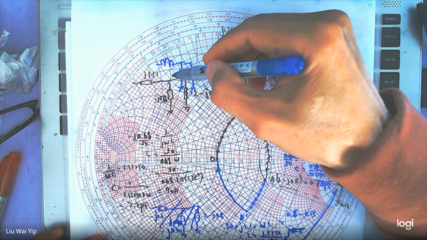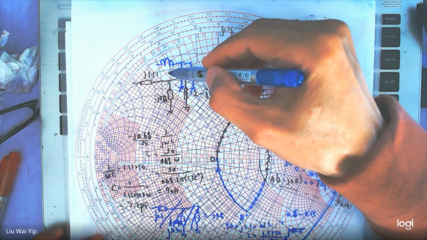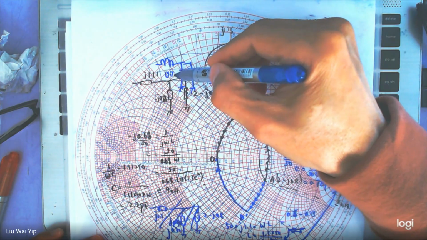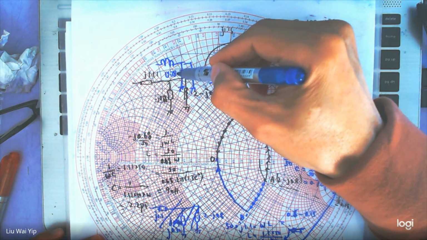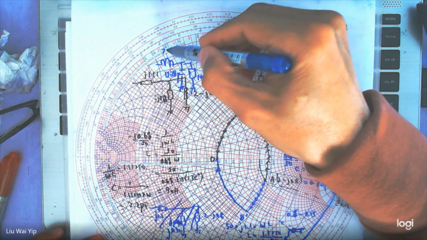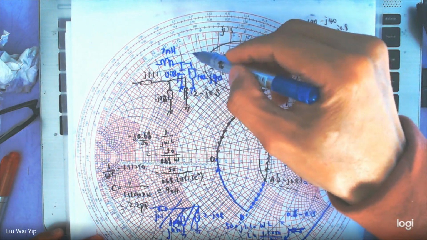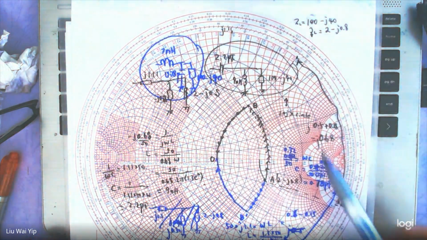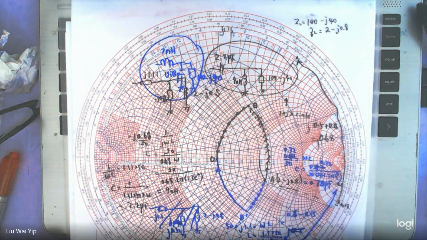So here is 0.78 pico, and here will be 7 nanohenry. So this is another solution. Altogether, you have two solutions. One is this one, the other is this one.